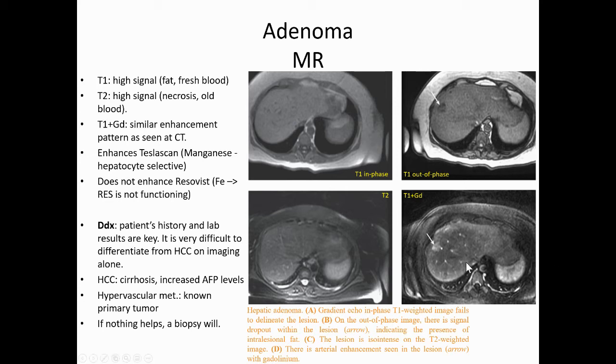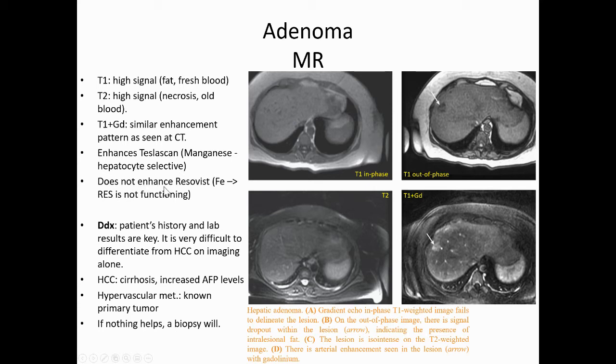However, adenomas will behave how we expect them if we give the patient gadolinium. There will be bright and homogeneous enhancement. And if you give the patient contrast on a 3 Tesla scan, then these lesions will enhance with manganese because there are normal cells within this lesion.